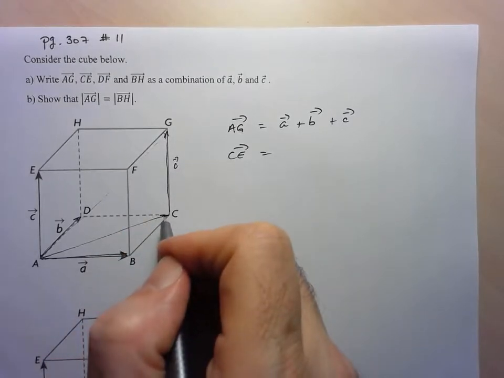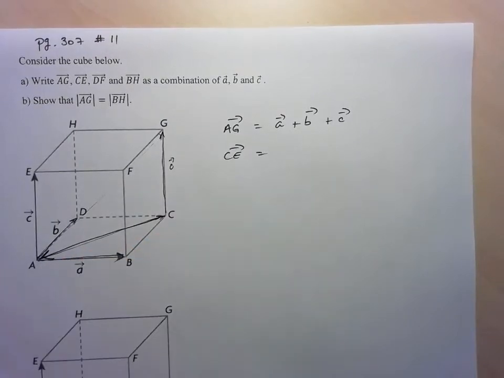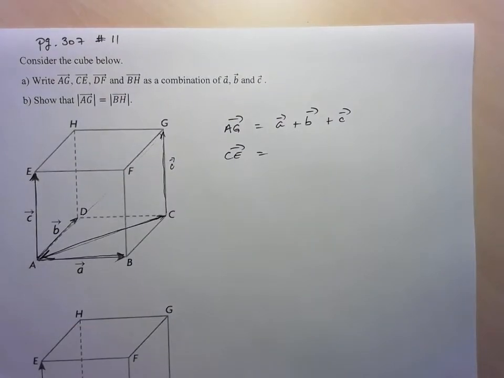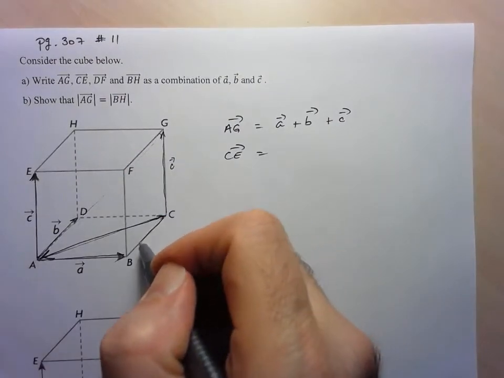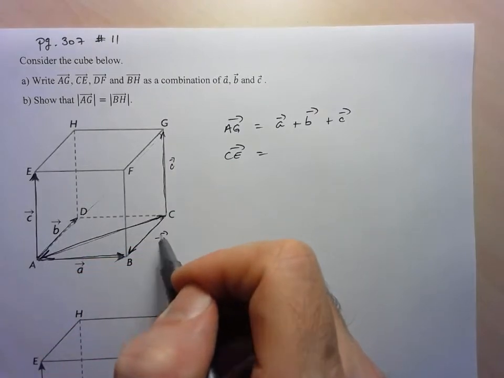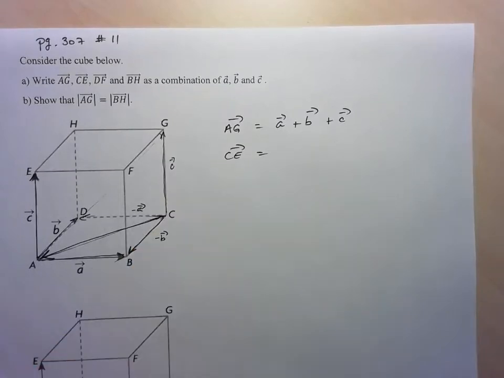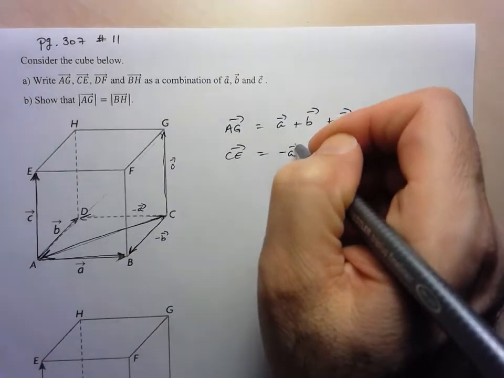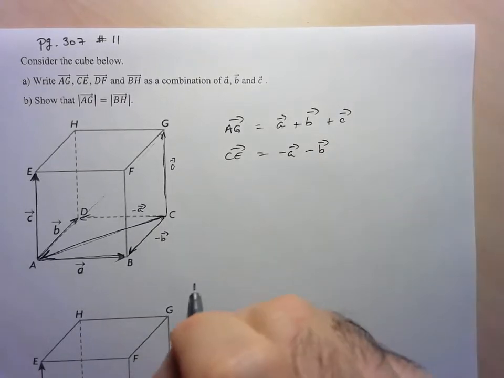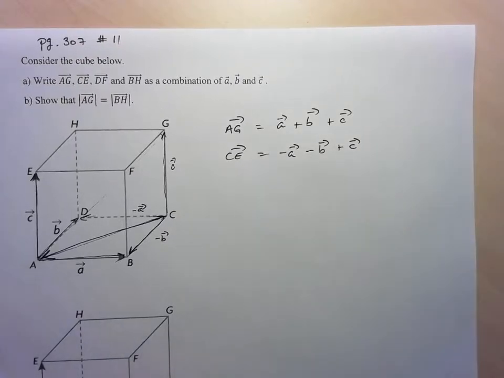I know I'm going to need the vector that goes across in that direction, and then I'm going to add vector C to get to point E. That means I need this vector here, which is just negative B, and this vector here, which is just negative A. So I have negative A plus negative B, which is just minus A minus B, and then adding vector C. Okay, let's move on to DF.